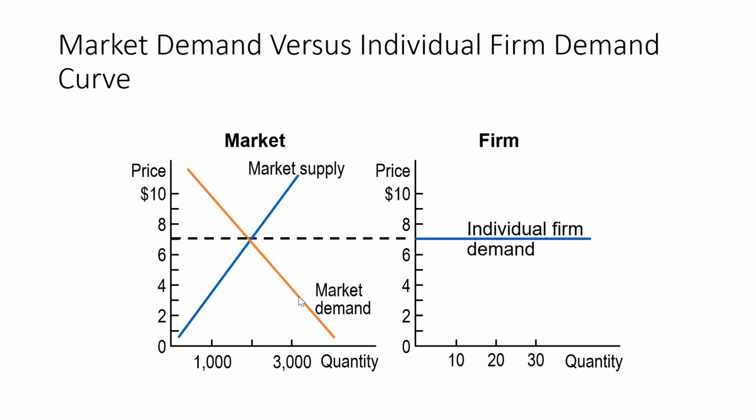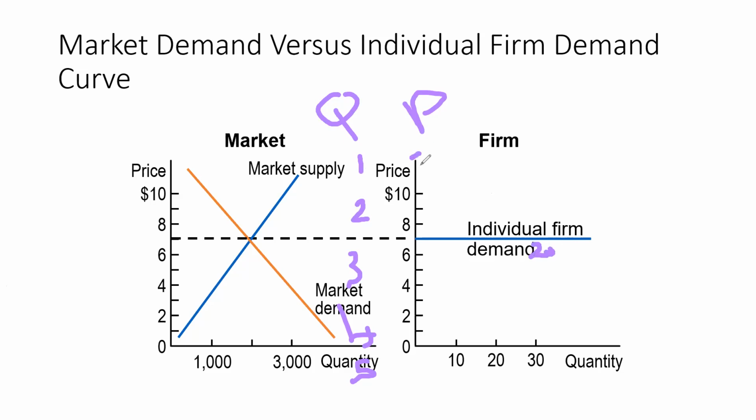Say for example, the quantity may differ as 1, 2, 3, 4, 5. If we consider the price, the price will not change, right? So the determined price, say for example, is equal to 20.